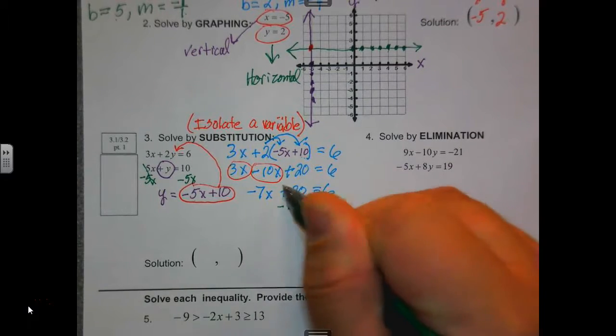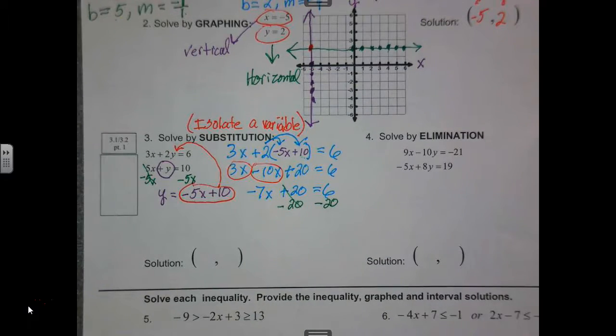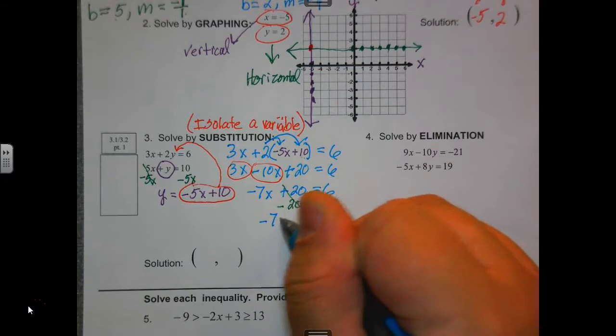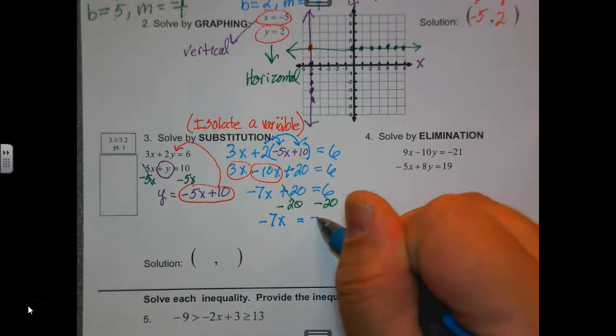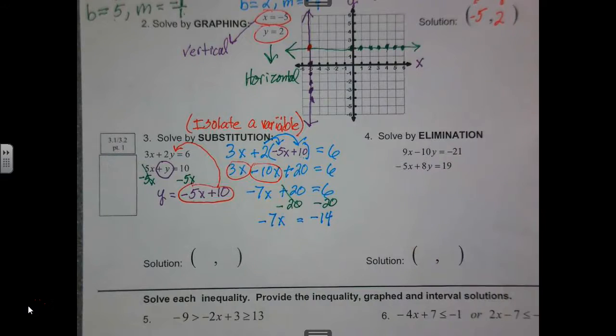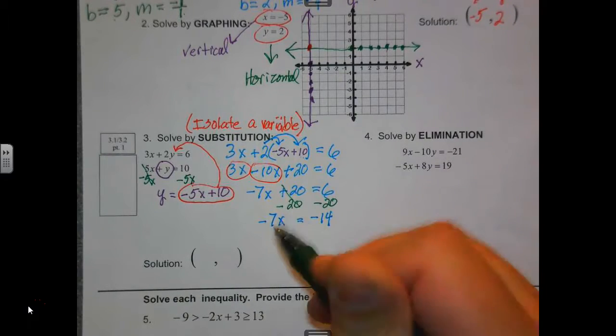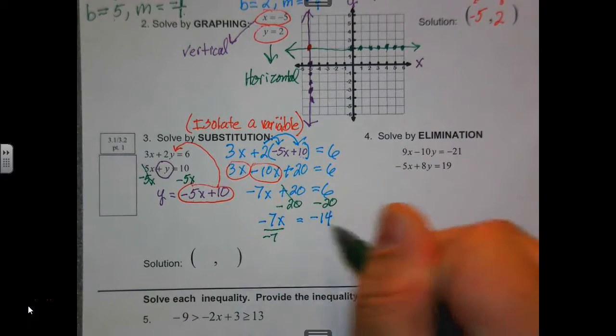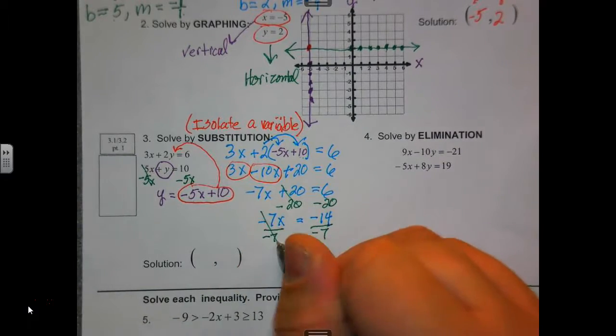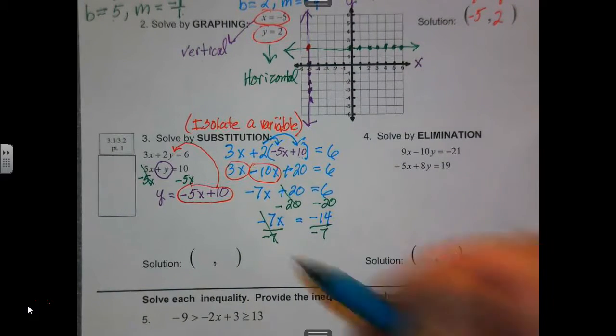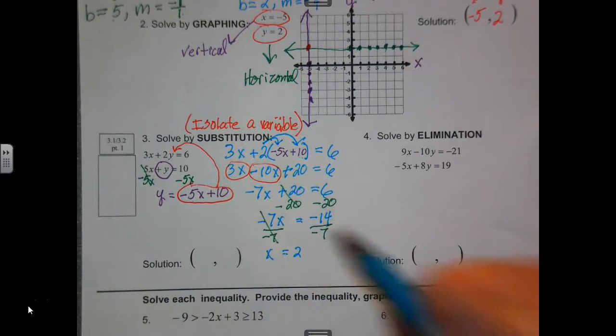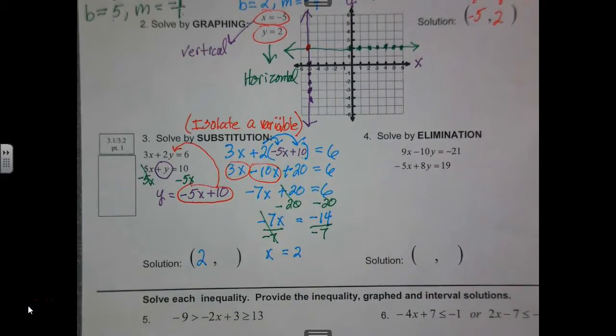Subtract 20. These add up to 0. I get negative 7x equals negative 14. Divide both sides by the coefficient negative 7. I get x equals 2. So x equals 2.